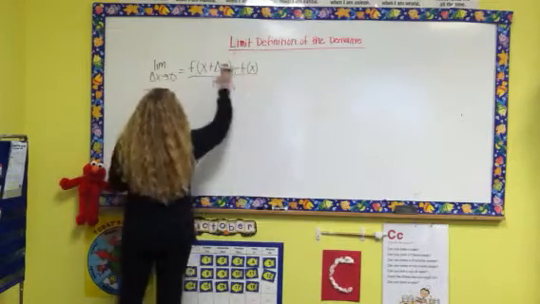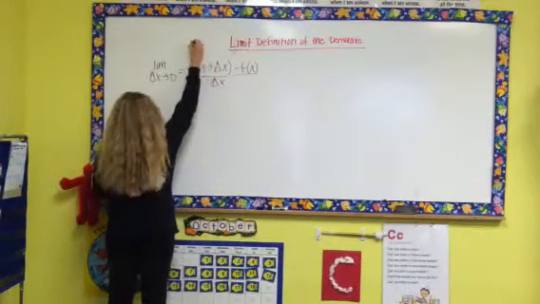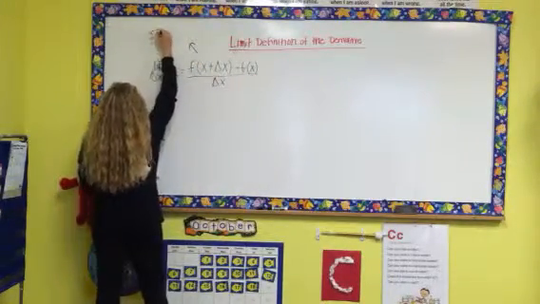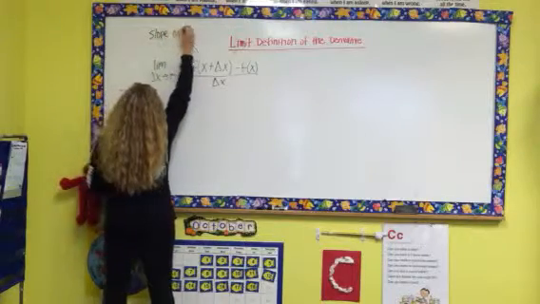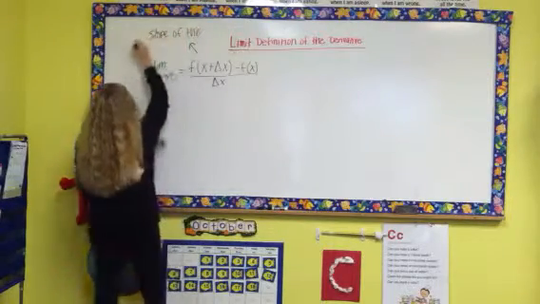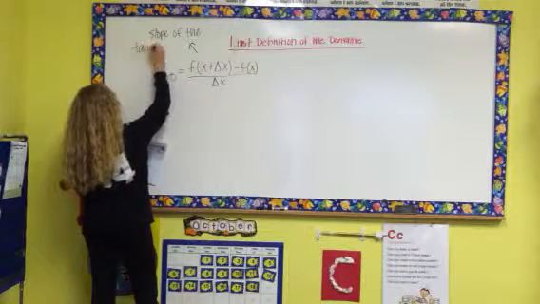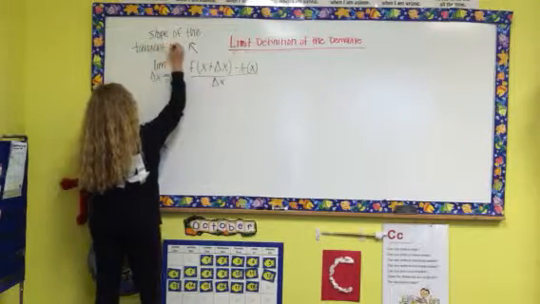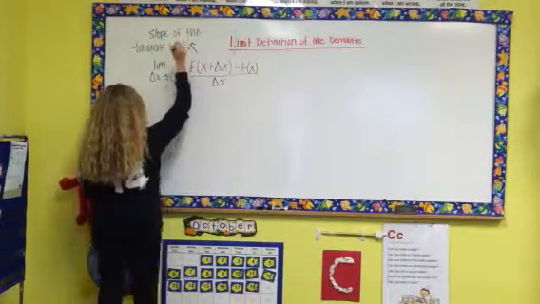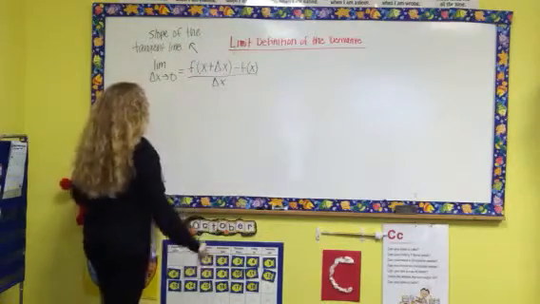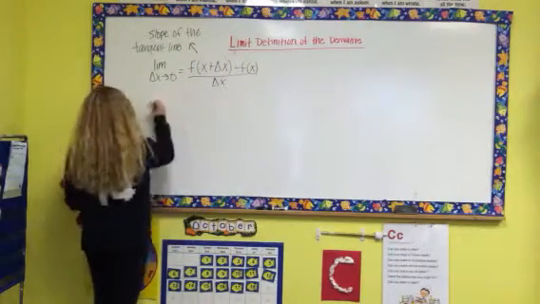And this formula represents the slope of the tangent line. So let's try some examples.